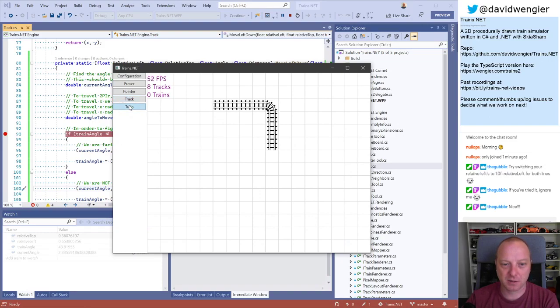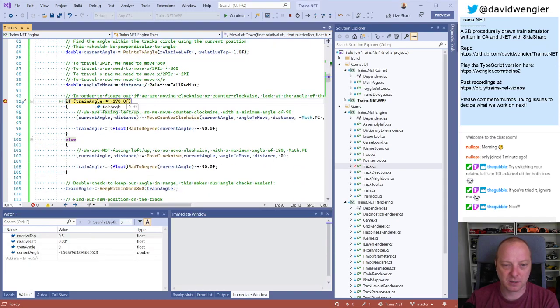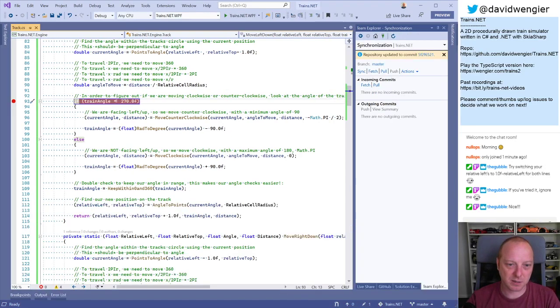So left down, and we come in, so this is the clockwise case. Okay, so our train angle is 0. Okay, so that's too broad, that's cool. So it's less than 270 and greater than 90.